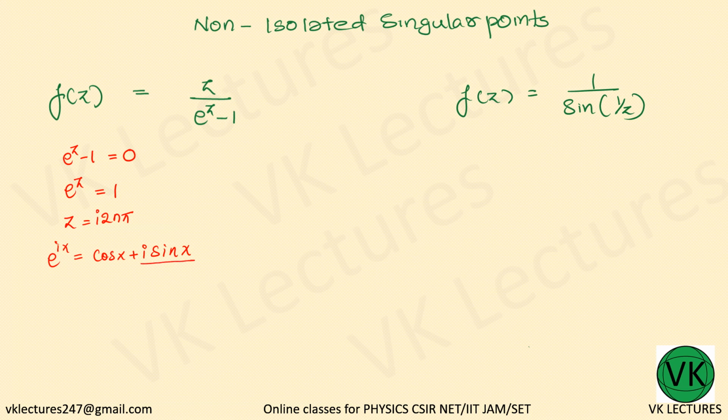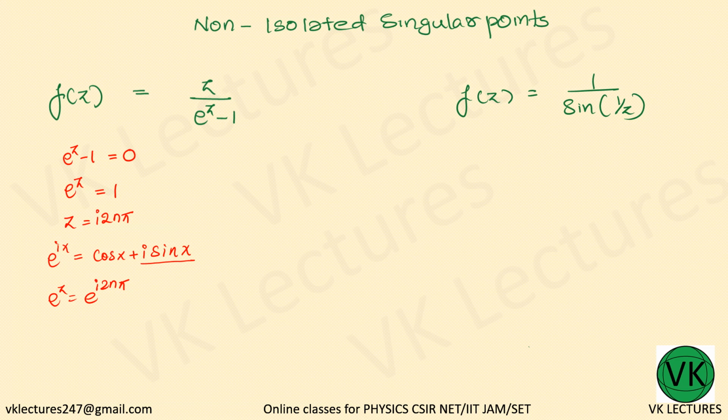So e to the power z should be equal to cos x. So if cos x equal to 1, then we can write e to the power z should be equal to e to the power i 2n pi.